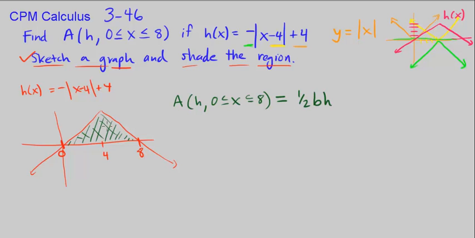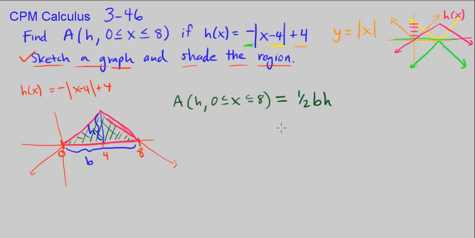If I make this a nice clean triangle, it has 3 sides. The base right here, and then this distance here is the height. I know the base is from 0 to 8, which is 8 units.